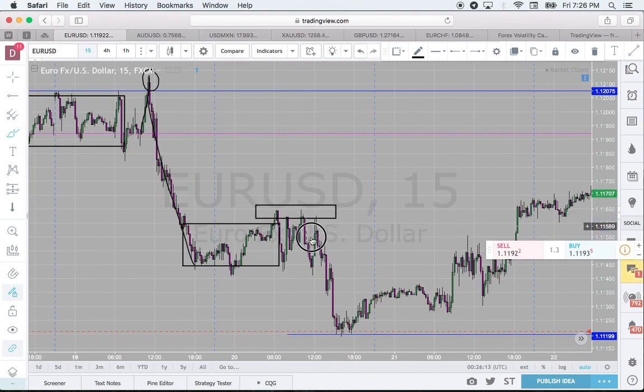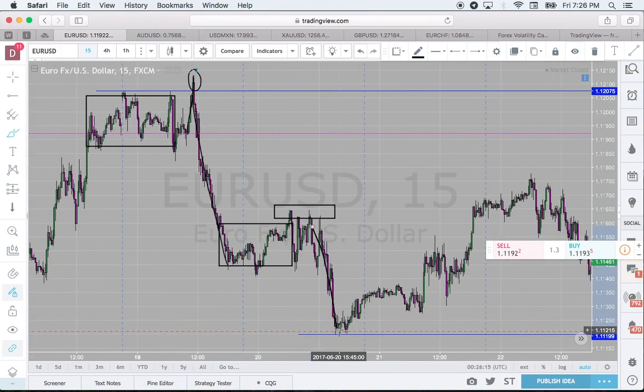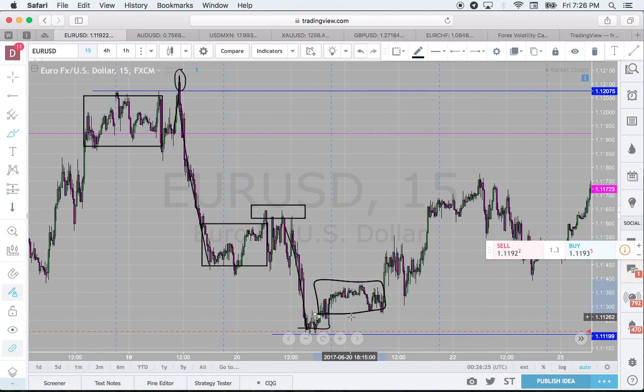then comes off of the high and creates that low, comes off of the low and consolidates again. You can see that.